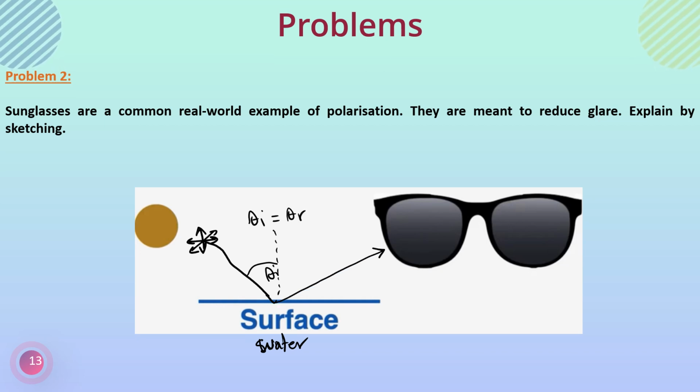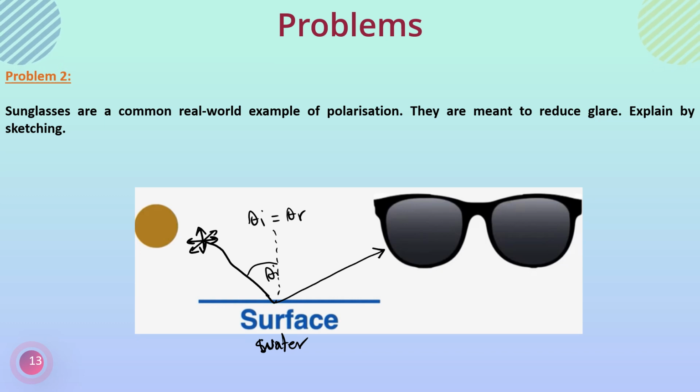Anyway, what do you expect? This surface is acting as a polarizer, and it's a horizontal surface, right? So I'm expecting that the only axis that will reflect will be the horizontal axis. Okay, nice.